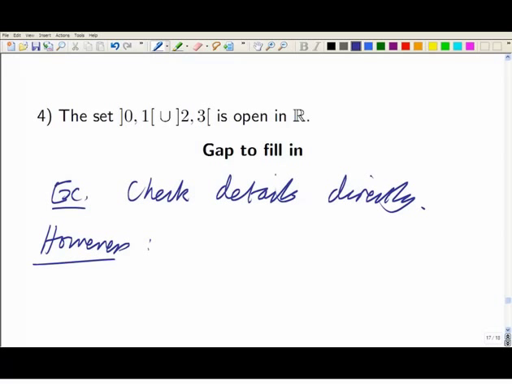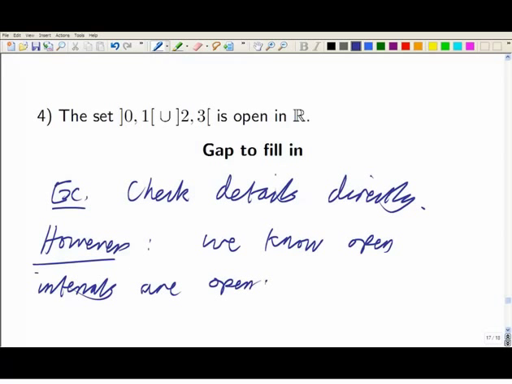That's a union of two open intervals. I'm not going to prove this in detail. I'll ask, as an exercise, for you to do this for yourself and check the details directly. It's an interesting little exercise. However, it'll follow from results coming up in a minute.